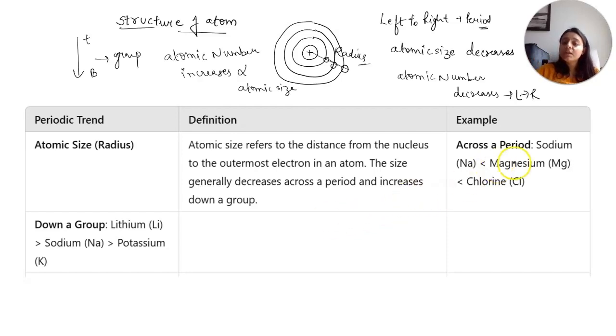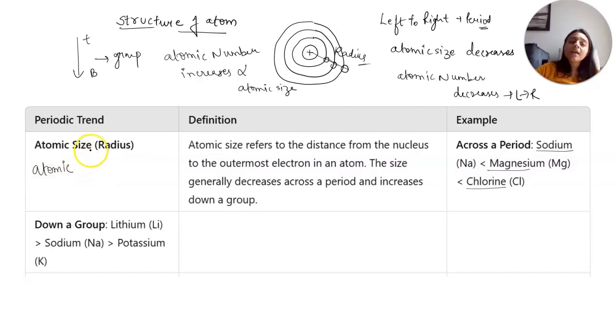So across a period, sodium is bigger than magnesium and then chlorine. Chlorine is the smallest one. Now here also, as you go down the group, lithium is smaller, sodium is bigger, and potassium is bigger still. So from top to bottom it will always increase, and from left to right, atomic size decreases in the periodic table.